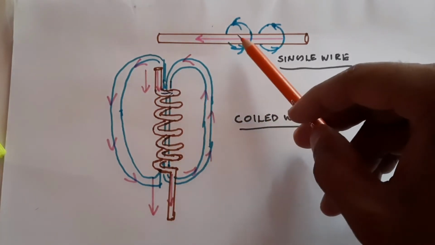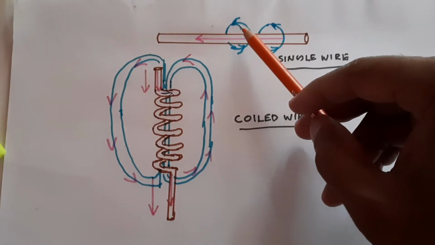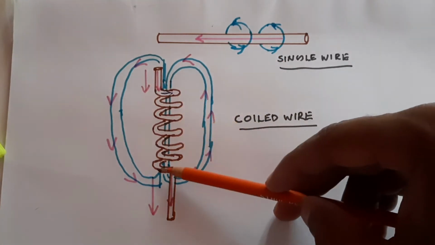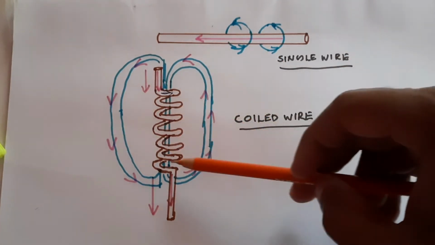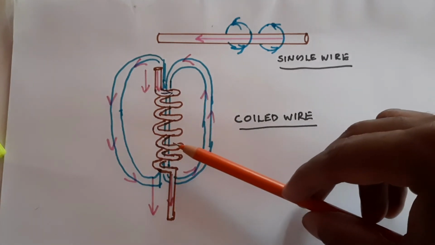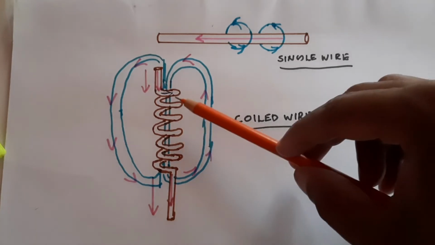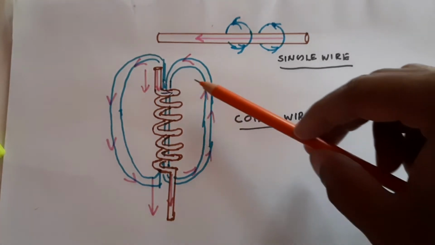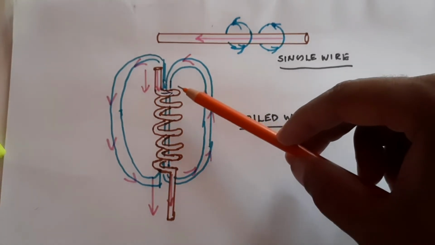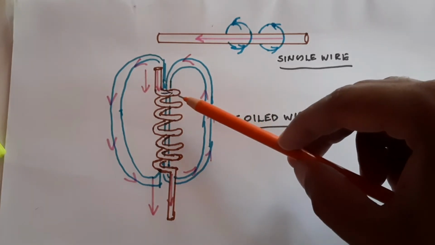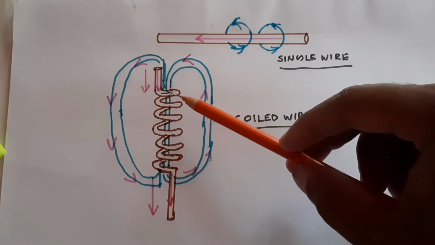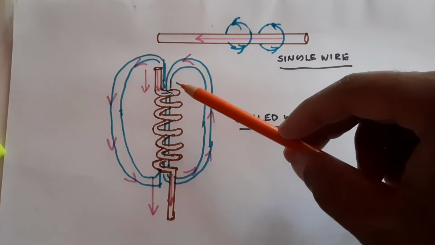If one turn produces this much flux, as the number of turns increases, the concentration of flux increases. As the concentration of flux increases, the inductance increases. The more flux is concentrated, the more efficiently it opposes changes in current. That means the inductance is increasing.